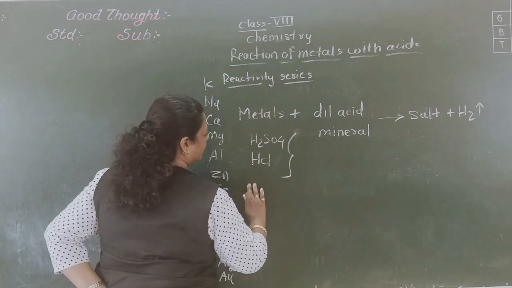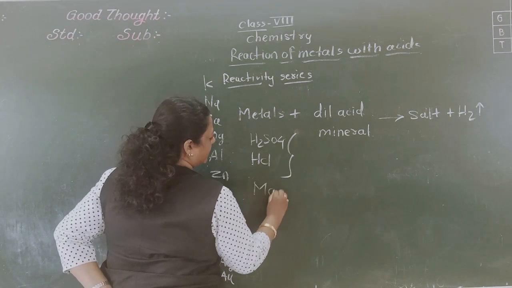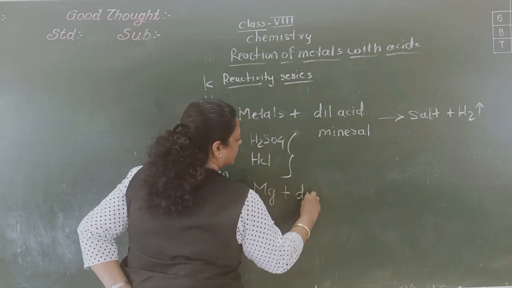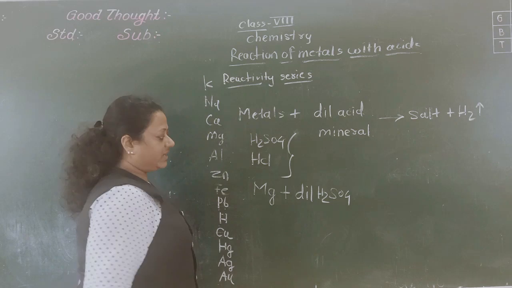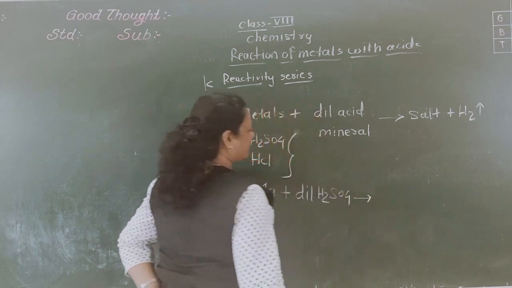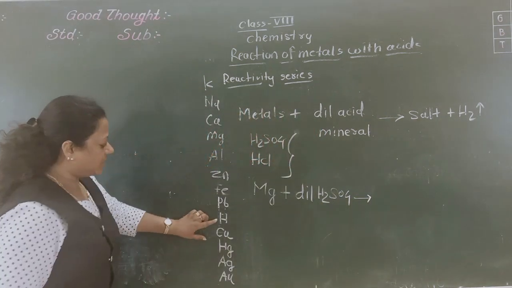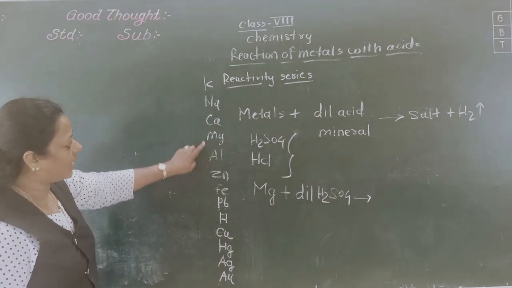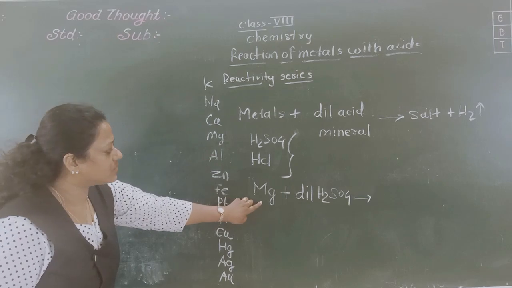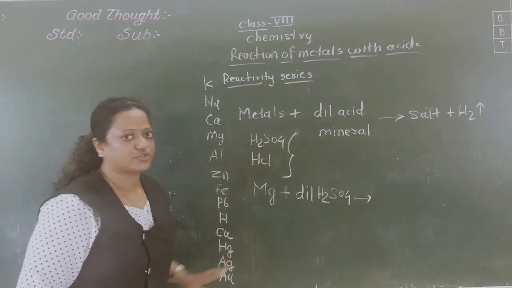Now if we take the metal Mg, say Mg plus dilute H2SO4, what do we get? See here, students, magnesium is above hydrogen, so magnesium can react with H2SO4.